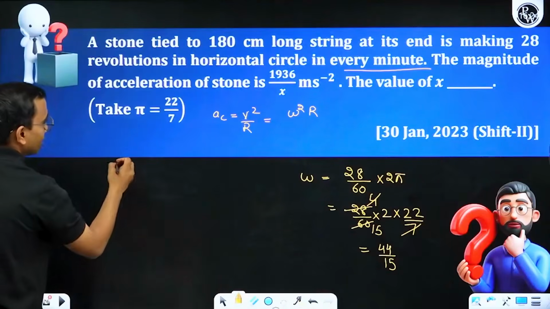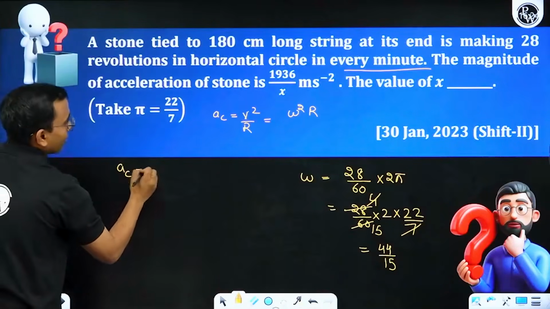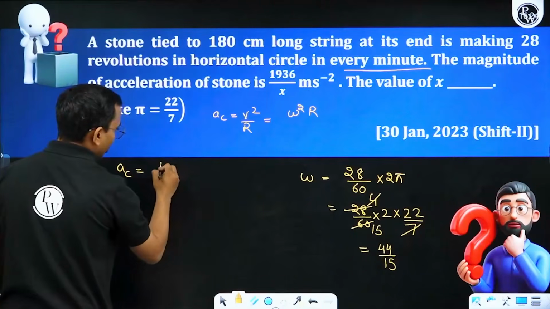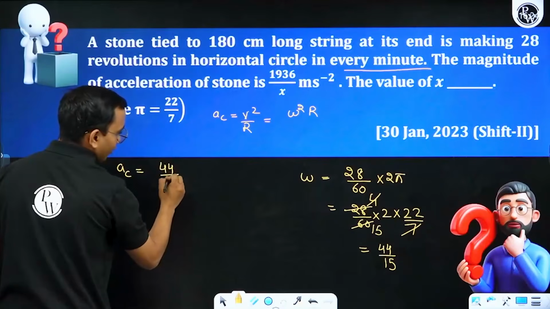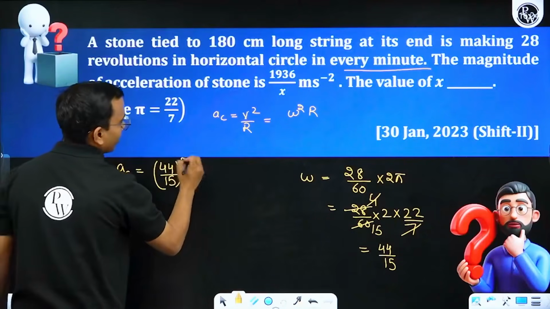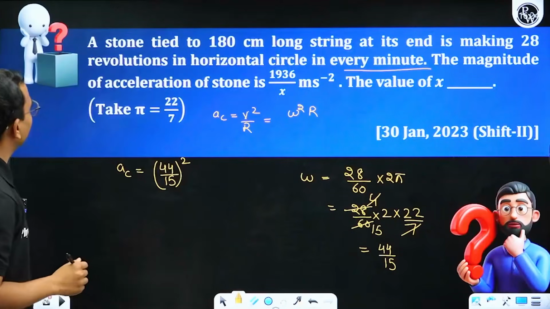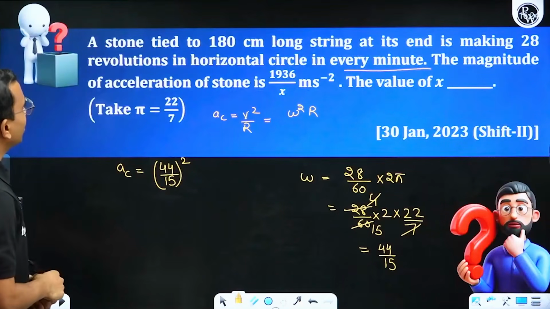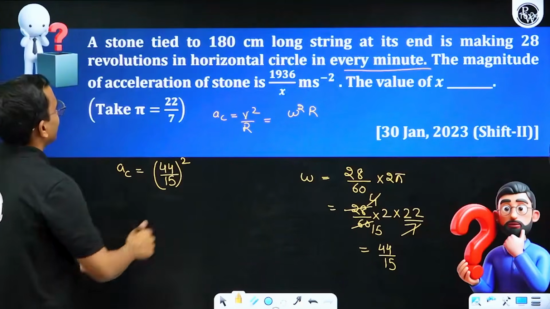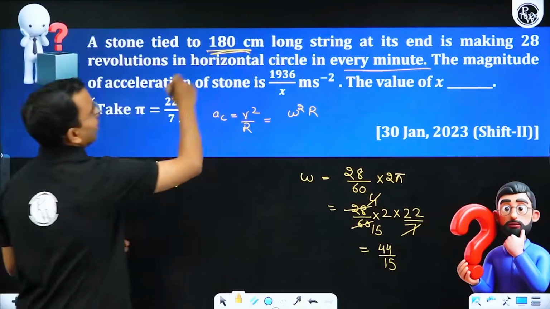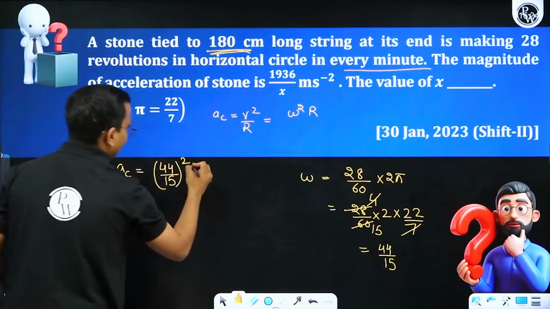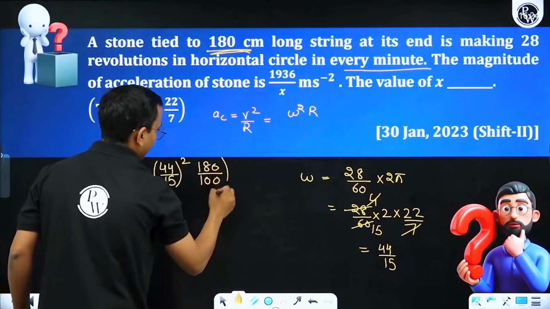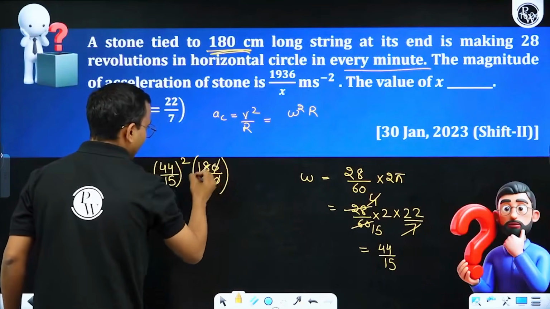Okay, a centripetal is v square by r, or omega square r, and omega we got. So (44 by 15) square times r. What is r? 180 centimeter, tied to, this is the length, so that becomes the radius. So 180 centimeter means 180 divided by 100, which is 9 by 5.